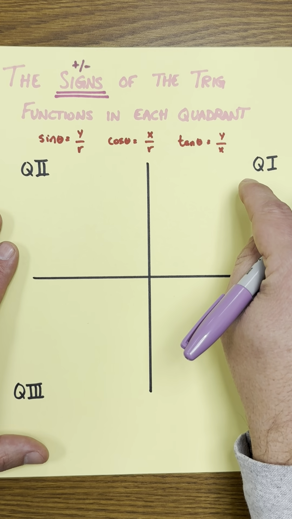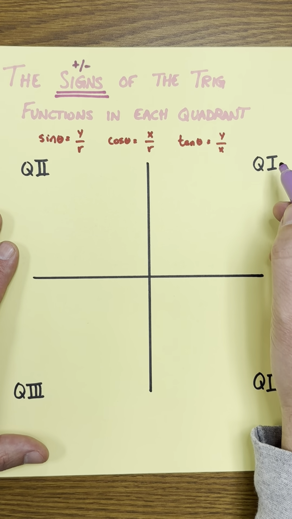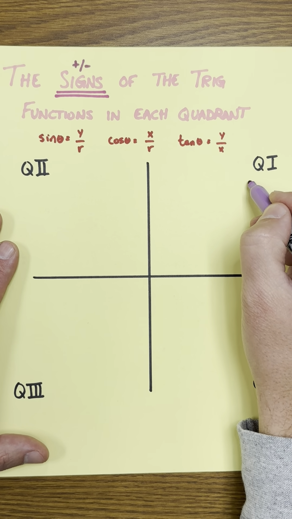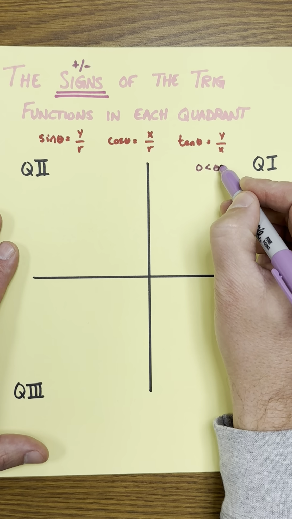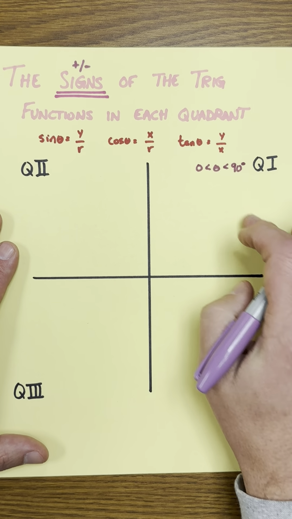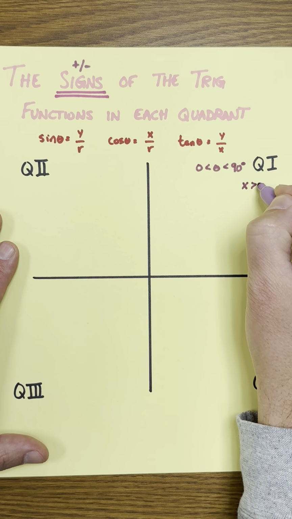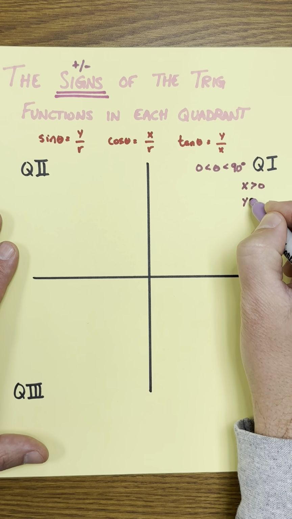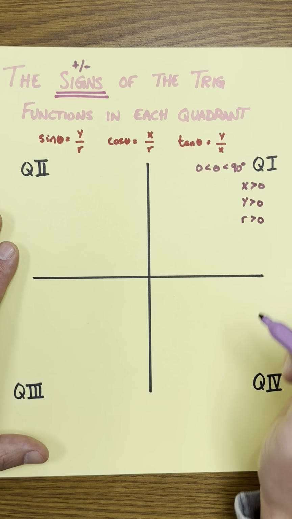So, in quadrant 1, we have an angle value that is between 0 and 90 degrees. And in quadrant 1, it is true that the x value is always bigger than 0, the y value is always bigger than 0, the r value is always bigger than 0.